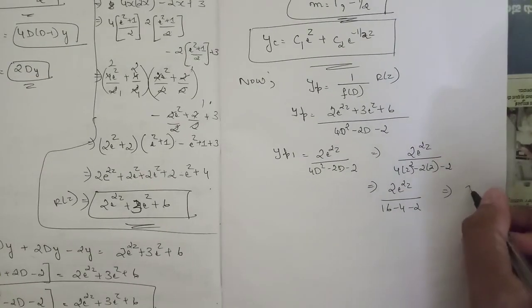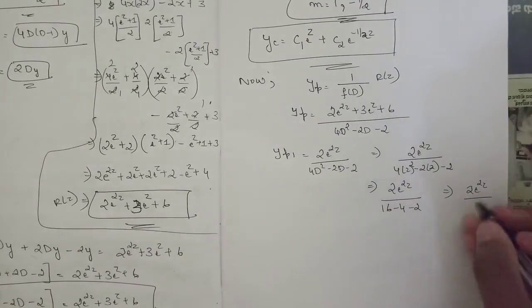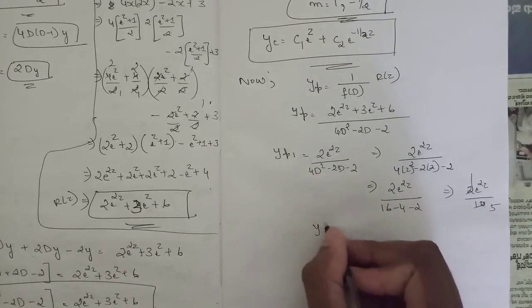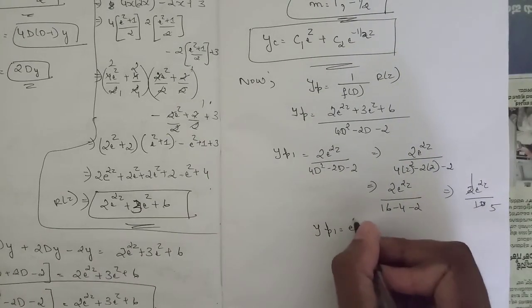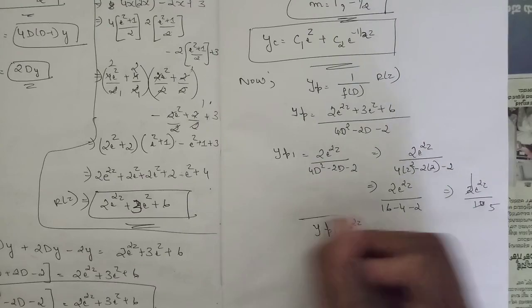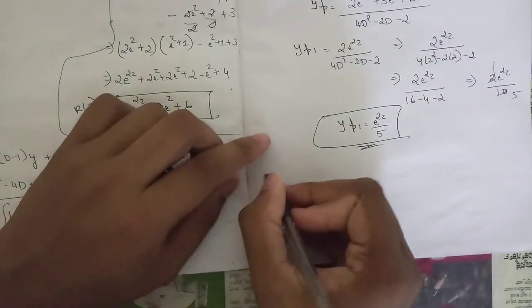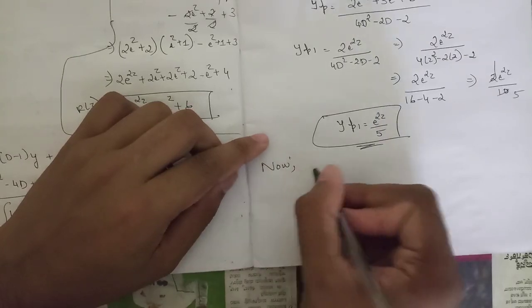We get 2e power 2z divided by 16 minus 4, 12 minus 2 is 10, 2 1s are 2, 5s are, so finally we get yp1 as e power 2z by 5, okay.